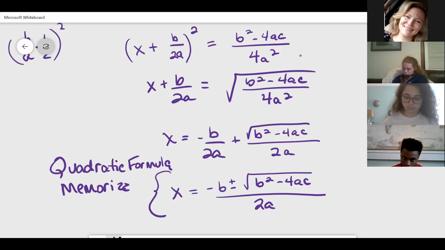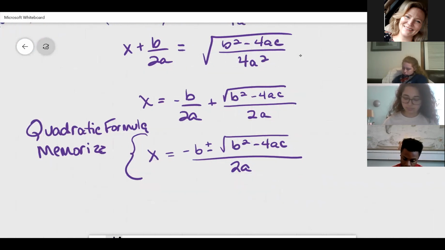All right, so that's the quadratic formula that you need to memorize. You do. You need to know that x equals negative b plus or minus the square root of b squared minus 4ac over 2a. You're going to use it a lot, but you really do need to memorize it, okay?